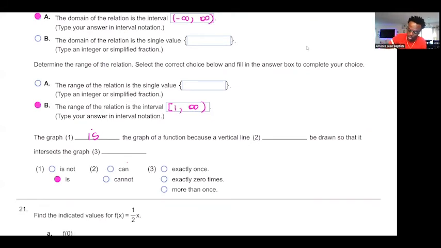If they say no vertical line, you would take can, but if they say a vertical line, you need to use cannot be drawn so that it would intersect this thing more than once. There's no way that will happen.